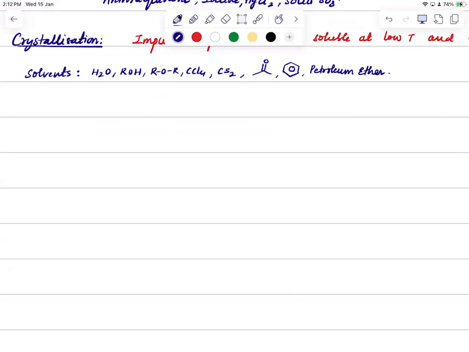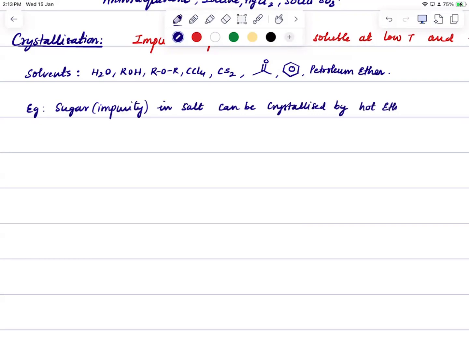Examples here: sugar, which is an impurity in common salt, can be crystallized out by hot ethanol.